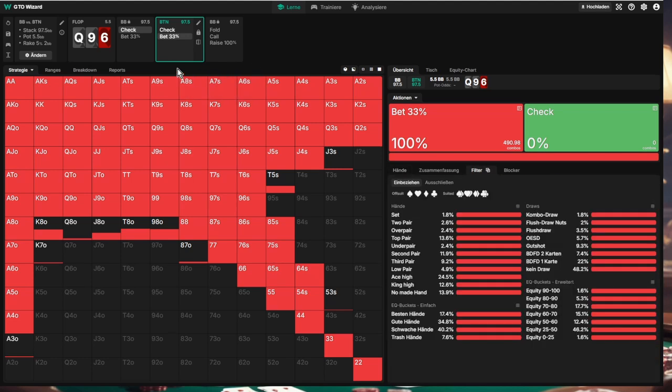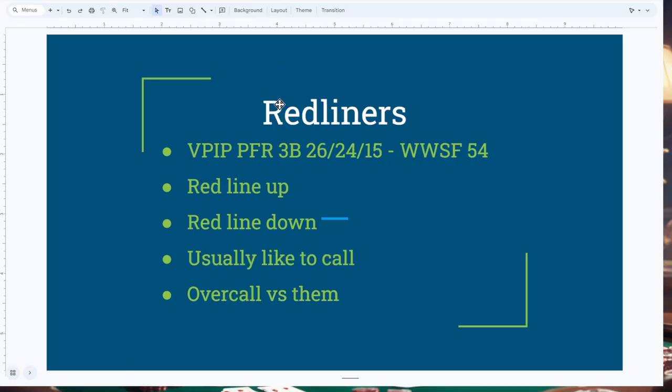We can also look at the flip side of things, which will be the red liners, right? The red liners have different stats: the VPIP, as you can see here, will be like 26, the PFR like 24, and their three-bet stat around 15%, maybe less, maybe more. And the main difference here will be the went-to-showdown won-money stat, which is 54.